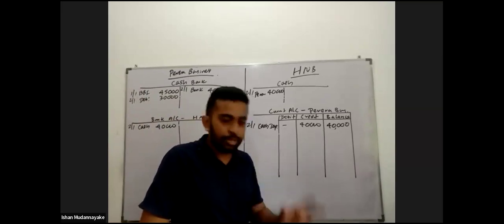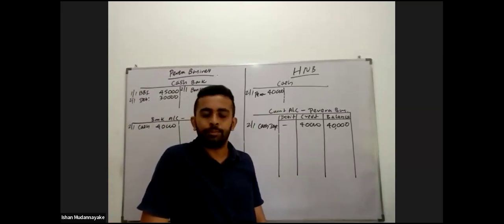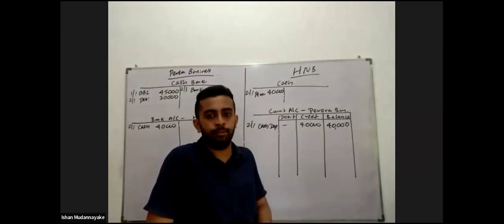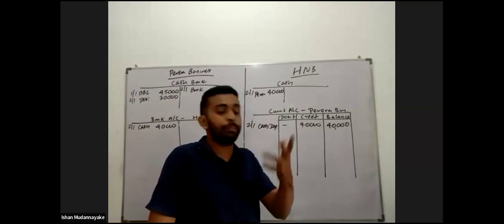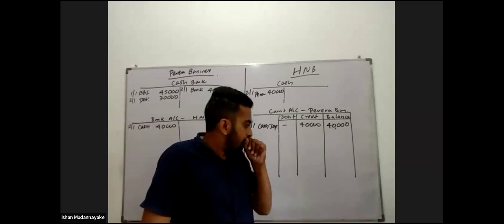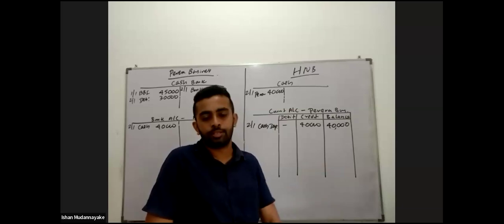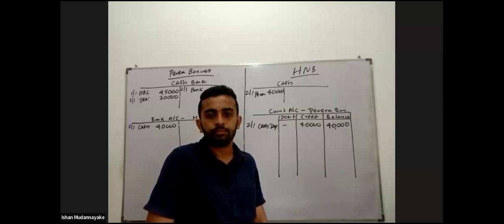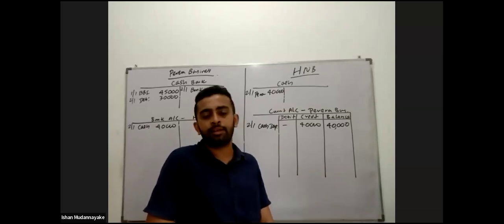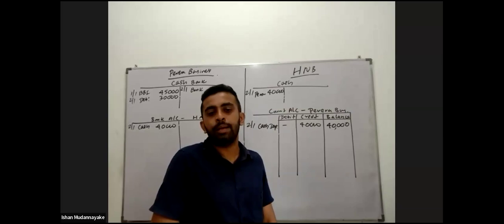To some of the questions, the examiner adds reconciliation points, sometimes with a sole proprietorship question, sometimes with a partnership question, sometimes with a company accounts question. Therefore, to answer those questions, you need a clear understanding of bank reconciliation. From this first question, I can cover the whole thing related to bank reconciliation.